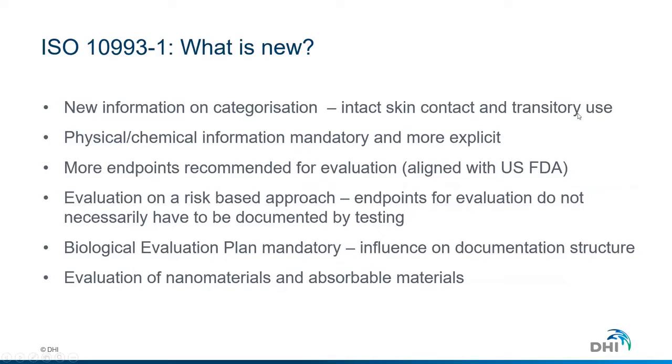And then a new duration category of transitory use was included in the standard, covering, for instance, injection needles that are only in contact with the body for a short duration of time, like less than 1 minute.